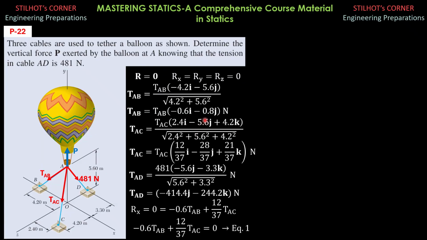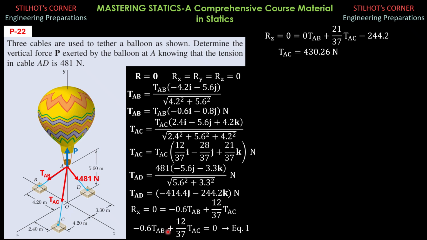So Rz equals 0 tension AB plus 21 over 37 tension AC, then minus 244.2 equals 0. So from there, because the coefficient of tension AB is 0, we can now solve tension AC. 244.2 times 37 over 21, and that is equal to 430.26 newtons.